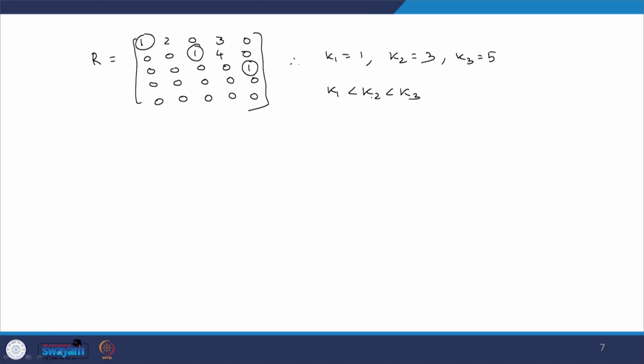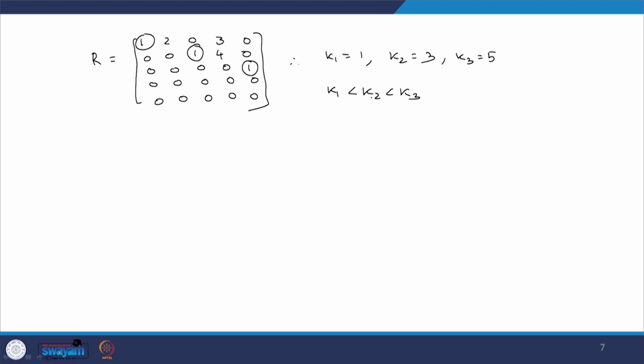So, previously we have seen that every M cross N matrix defined over a field F is row equivalent to a row reduced matrix. Then we have seen the corresponding system of equations, because as we have discussed, the system Ax equal to 0 and system Rx equal to 0, where R is row reduced echelon form, both have the same solution space.